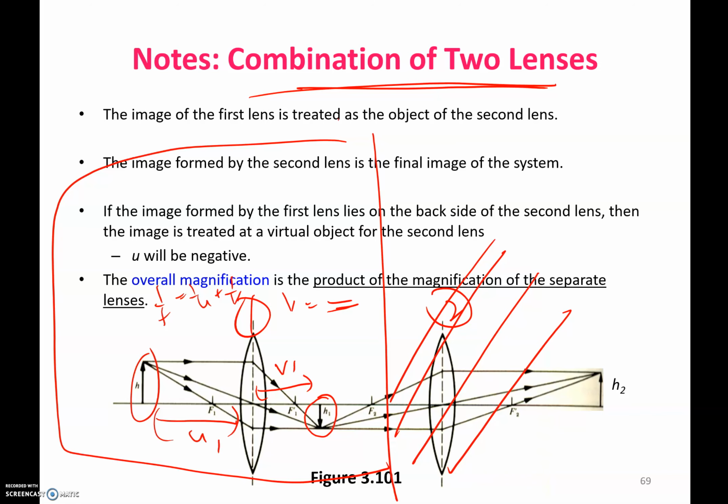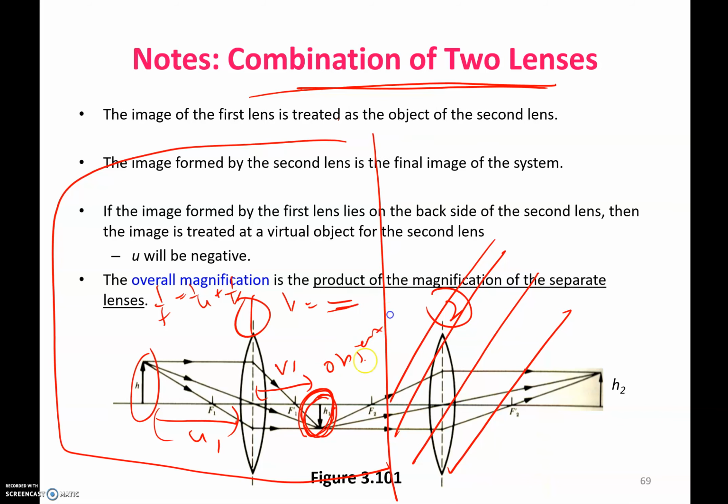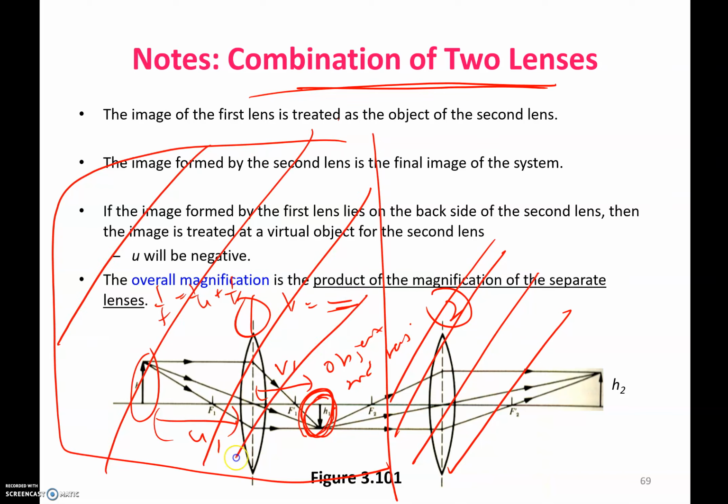After that, what do I do? This image from the first lens just now will now become the object for the second lens. Now do not look at the first one. Only focus on the second lens. Since this is my object, this will be my u.